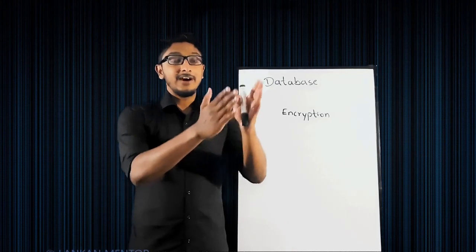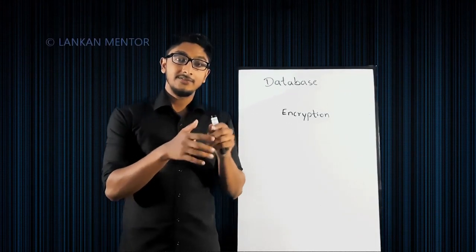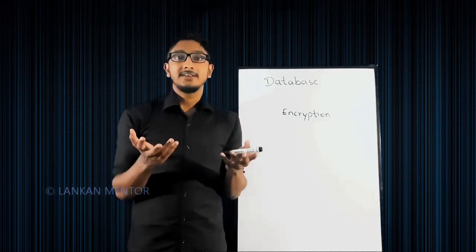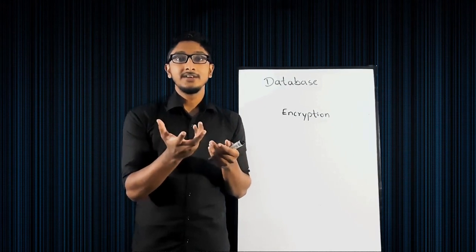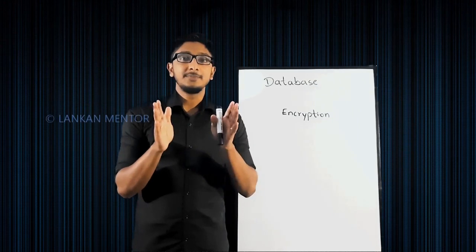So while it was in transit, while it was traveling, even though some people tried to open and see, they will also see rubbish, right? They can't find specific information. So nothing will happen to the data.